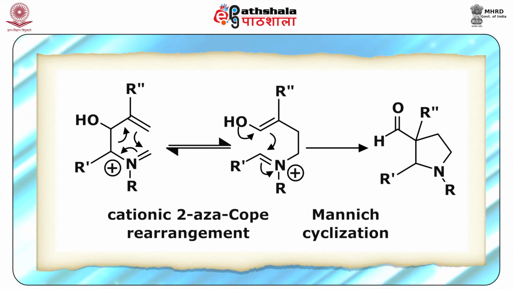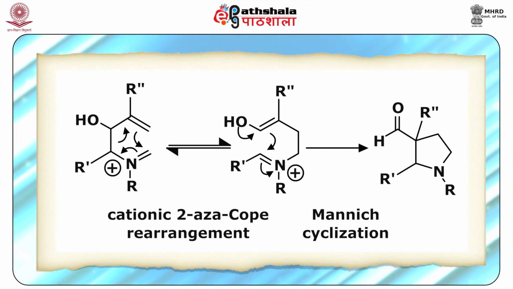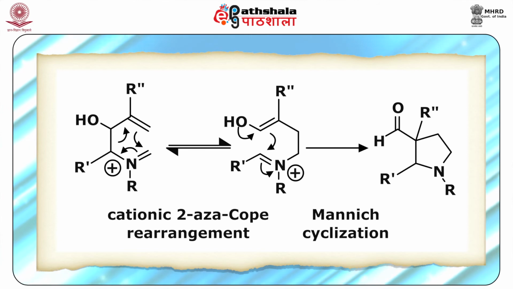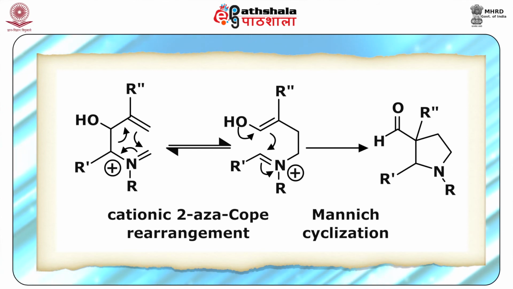The first step is a cationic 2-aza-Cope rearrangement, while the next step is that of a Mannich cyclization, resulting in the formation of the product.